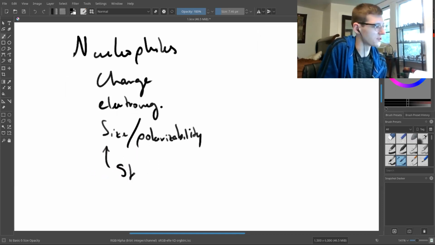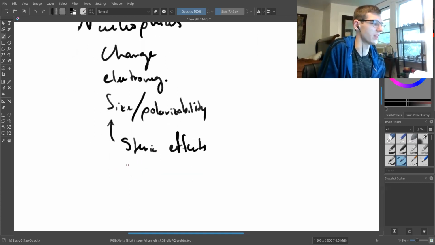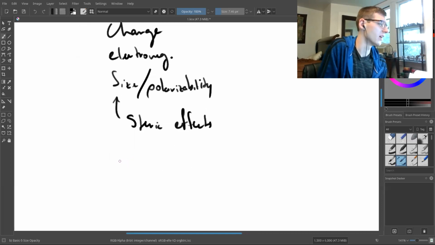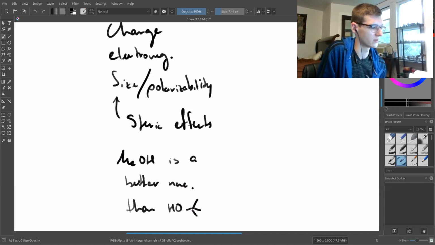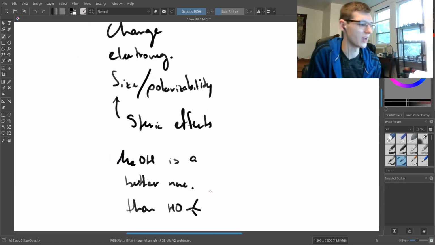So size also refers to steric effects, meaning that, for example, methanol is a better nucleophile than, for example, tert-butanol, which is what that looks like, right?